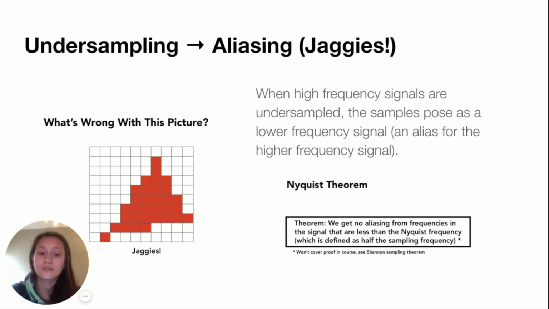It says we get no aliasing from frequencies in the signal that are less than the Nyquist frequency, and the Nyquist frequency is defined as half of the sampling frequency. That will tell you pretty much when you will have aliasing and when you won't.